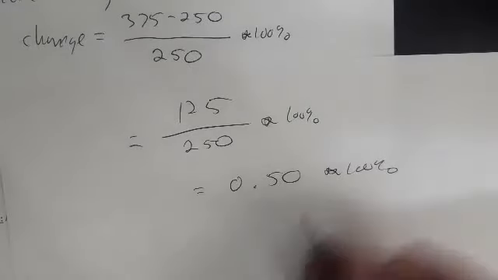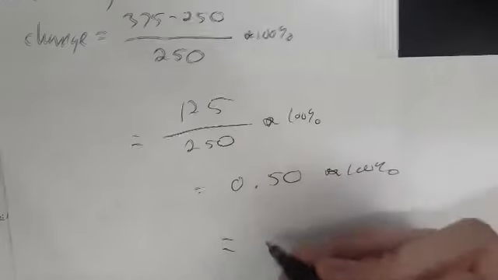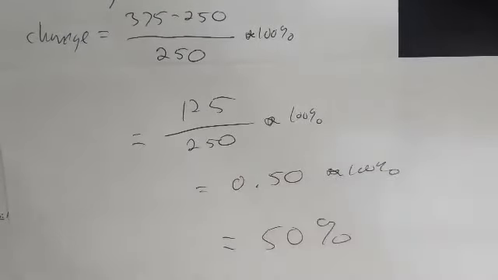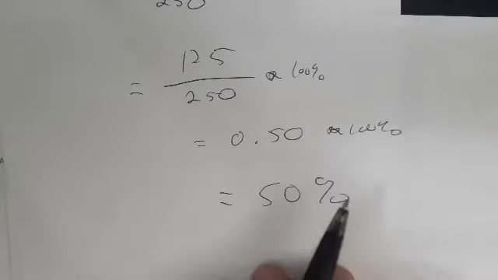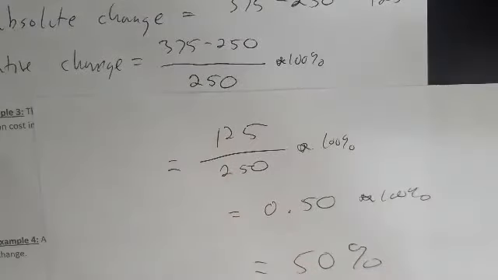And 0.50 decimal means 50%. And so what we would say is that this class is 50% more than the previous class.